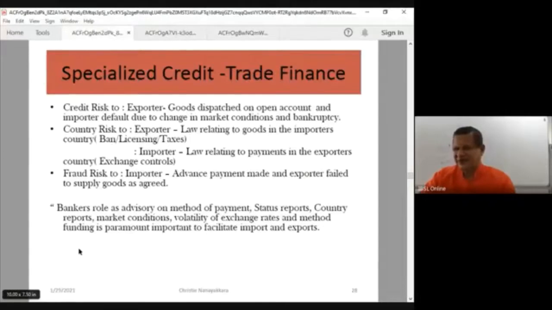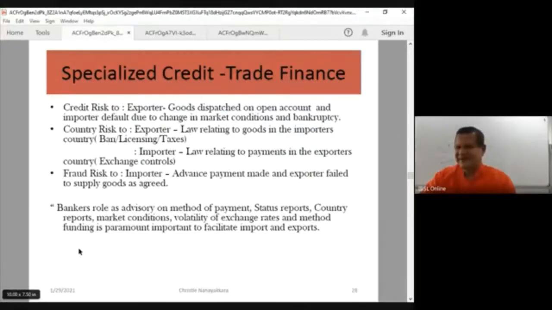Apart from that, we also have fraud risk. Take for example an advance payment made and the exporter failing to supply goods as agreed. I told you one of the risks involved in pay in advance.